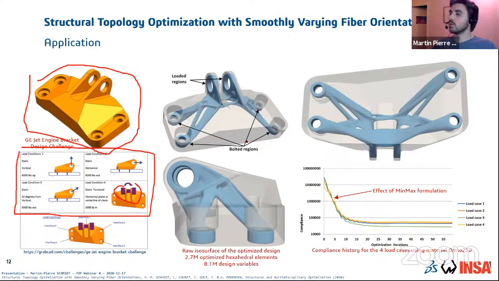Here on the right, you can see in blue the isosurface of the density field after convergence. We optimize this using a min-max formulation, which explains why you have the compliances for each load case crossing over right there. You also notice that it drops sharply in around 10 iterations, and then you can see those same oscillations due to the simulated annealing part of the optimization.